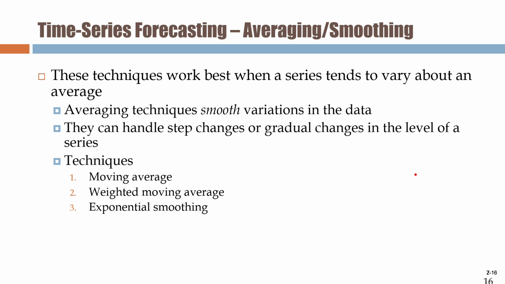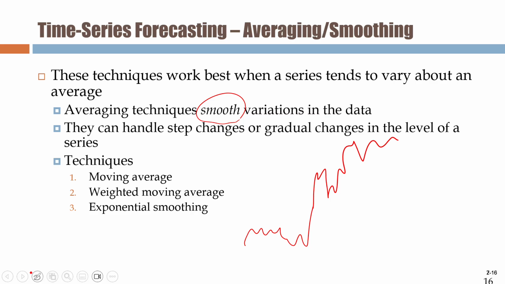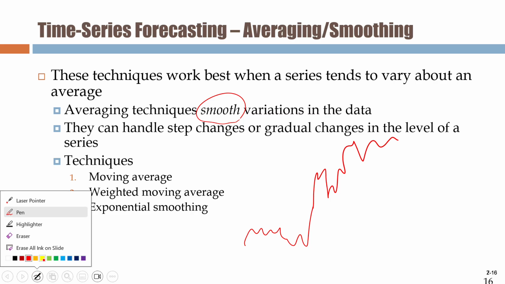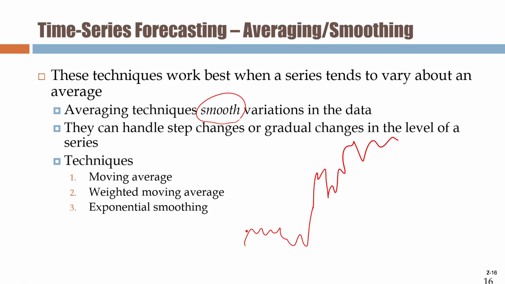So the averaging technique is smoothing. What I mean by smoothing is that our data is fluctuating like this, right? I don't want to see this small fluctuation. Can I smooth it out? By doing smoothing, can I make this graph more like this?